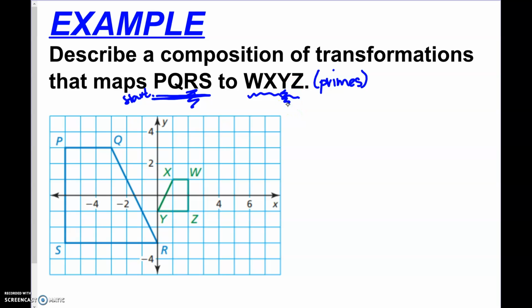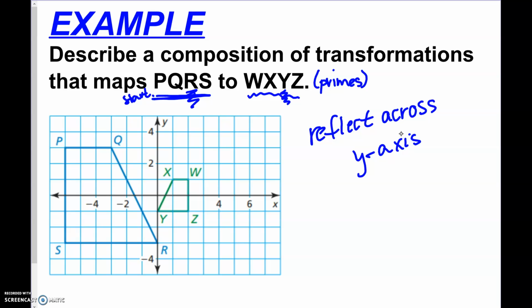So what happens in order for that to happen? Well, if R is going to stay on R, that means we are going to reflect this across the y-axis. And then you can see that PQRS gets smaller to WXYZ.